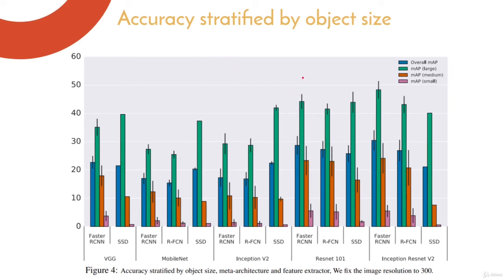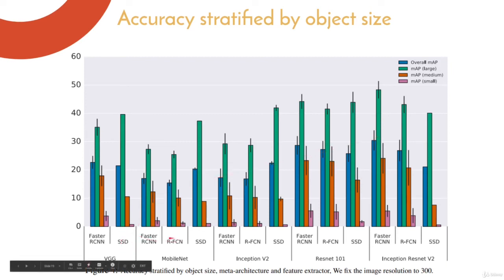So in this case, you would go, for example, with faster RCNN if time is not a constraint. So if you have enough time and you're not looking at real-time object detection, then you would go with faster RCNN because it's the most obvious choice here.